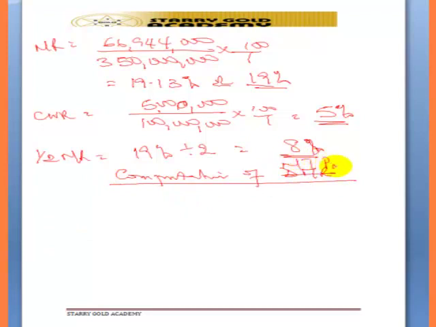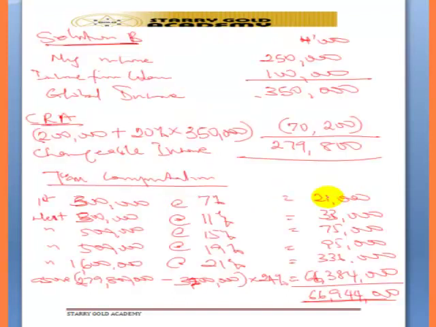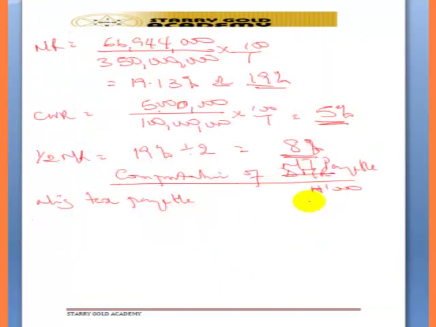Now, computation of a relief. Computation of a net tax payable. We have the Nigerian tax payable as computed here, 66,944,000. Double taxation relief will be 100 million multiplied by 5%, which is 5 million.